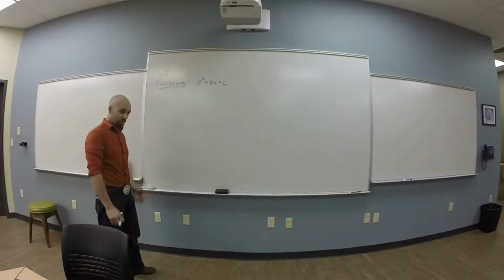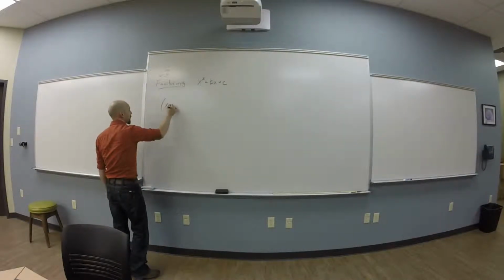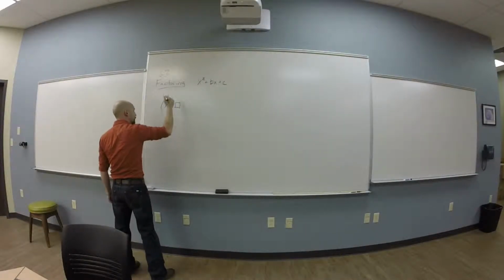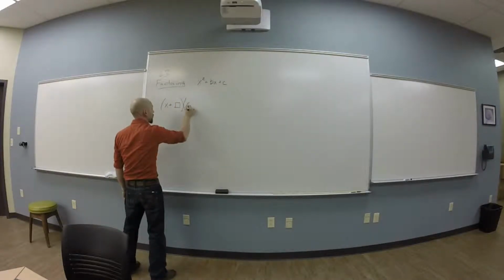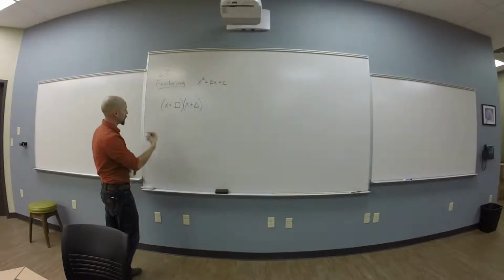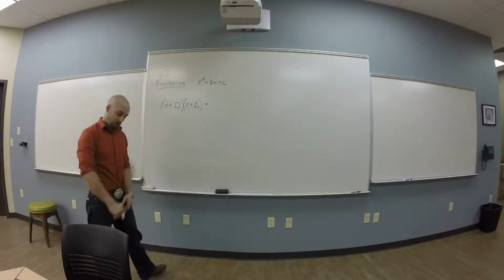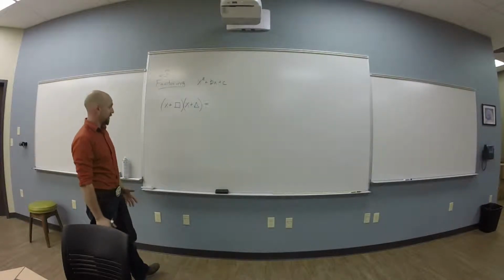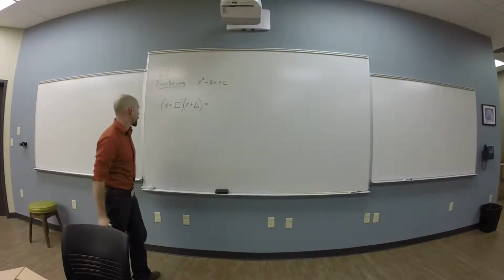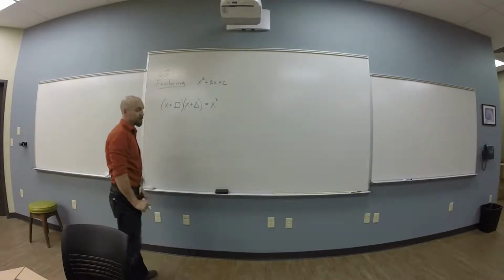So maybe I should remember what foiling looks like. If I've got something that looks like x plus box times something else that looks like x plus triangle, if I multiply this together, I need to remember to FOIL. First things first is the F in FOIL, so I get the x times x term.